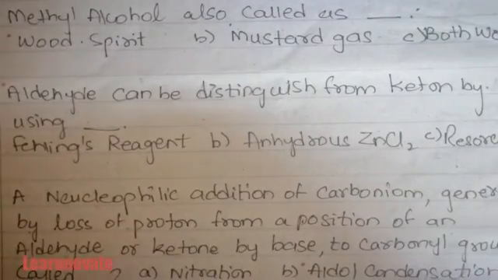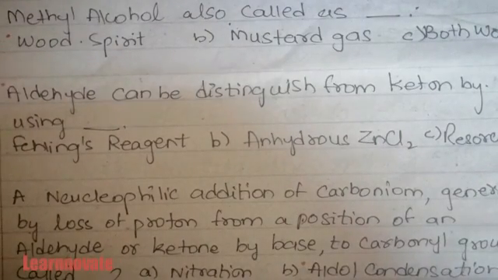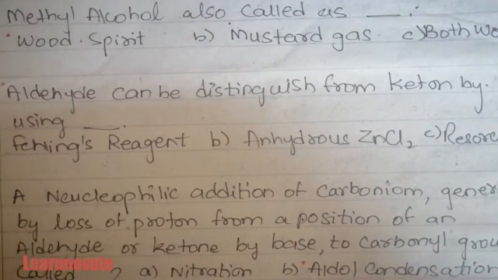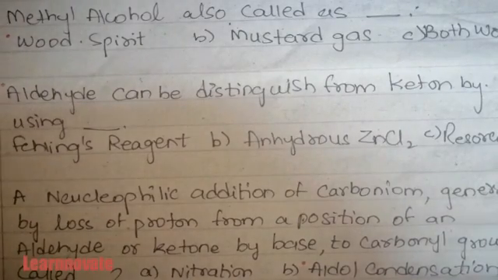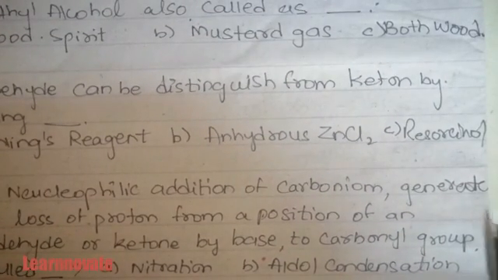Coming to the next question, aldehyde can be distinguished from ketone by which of the following reagents? A. Fehling's reaction, B. Anhydrous zinc chloride, and C. Resorcinol.